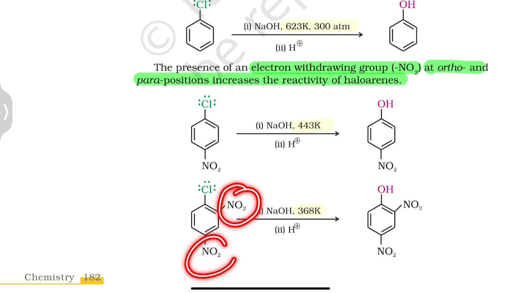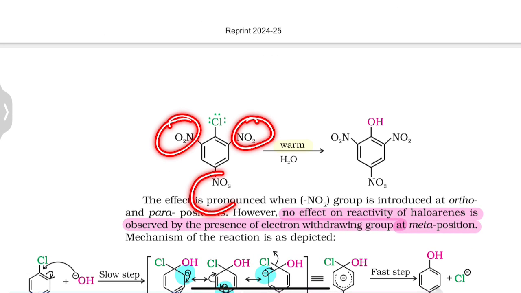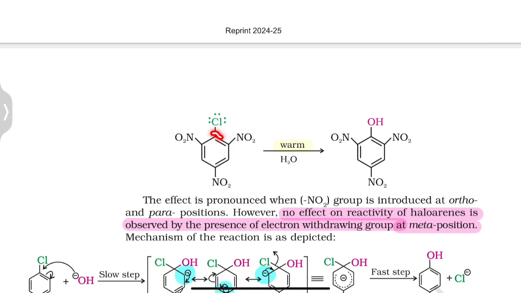If two NO2 groups are present, they reduce the electron density of the benzene ring further, so you can make a note of this temperature. At a still lower temperature you can see the chlorine will be replaced by OH. And when 3 electron withdrawing groups are present, the electron density on the benzene ring is reduced so much that even if you slightly warm it, chlorine will be replaced by OH group.